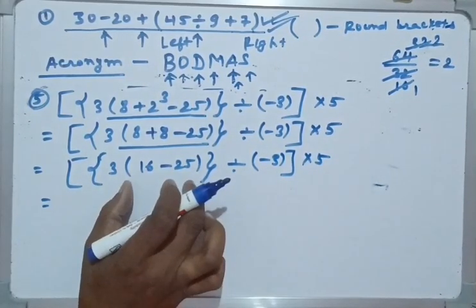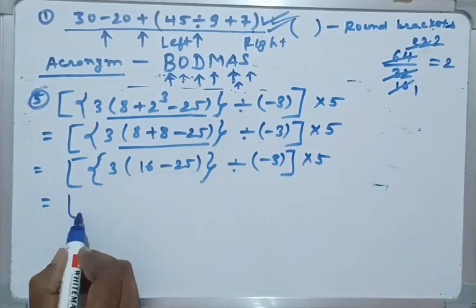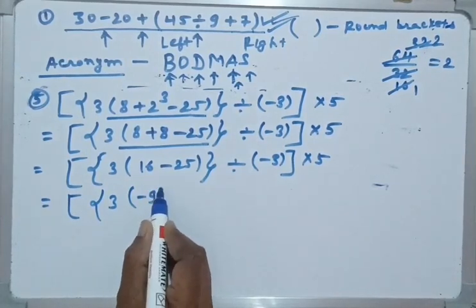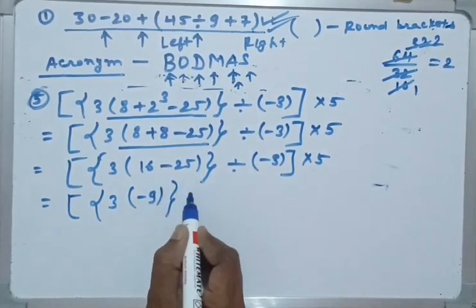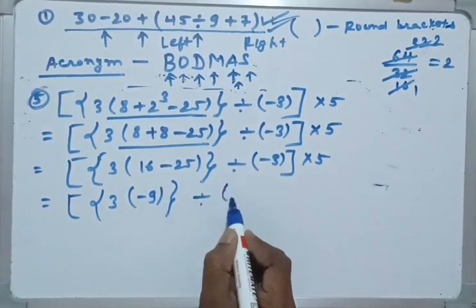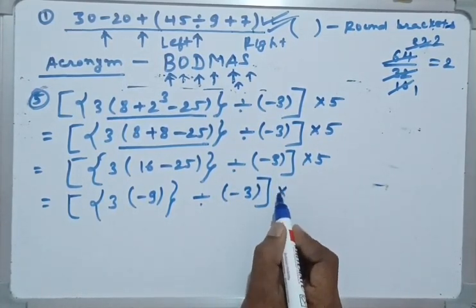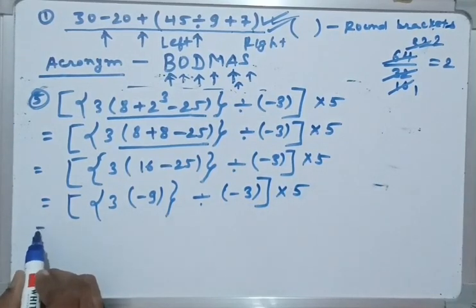Now even the round bracket is not solved yet, so we solve it: 3, then this is minus 9, then this is divided by minus 3, square bracket closes, then multiply by 5.